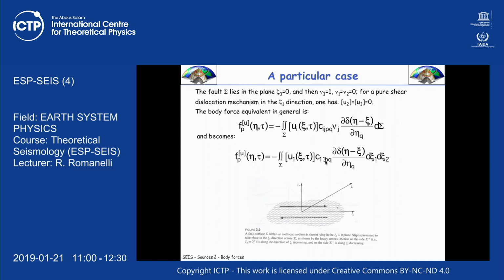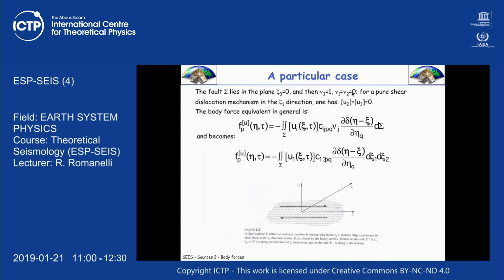Well, it's not a fault, but we can imagine that the plane is a little bit strange. It's horizontal, so n is this one. What does it mean? The plane is described by z equal to 0, x and y. So n has only one component, n3, along z. Good. And n1 and n2 are 0.